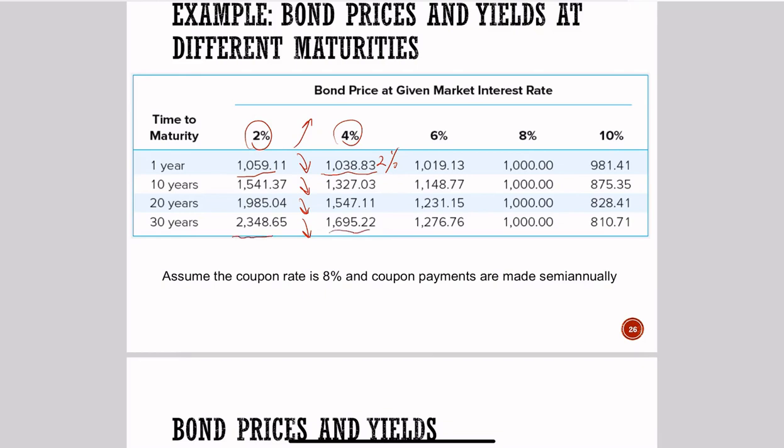If you compare these two numbers, you can see that the difference is almost $600, right? And in this case, you use $600 as the numerator, and then you would use the $2,348 as the denominator.